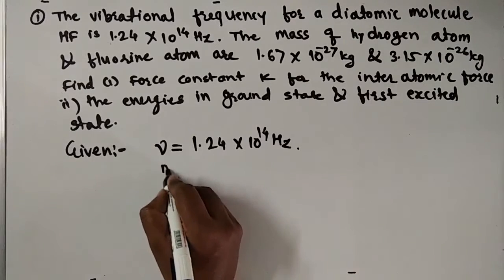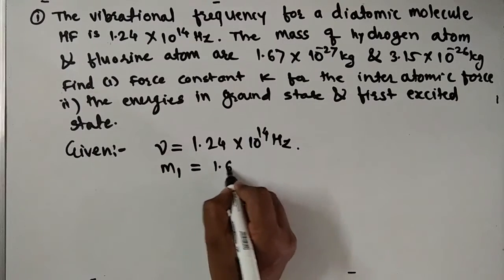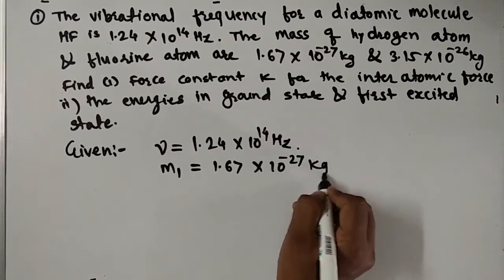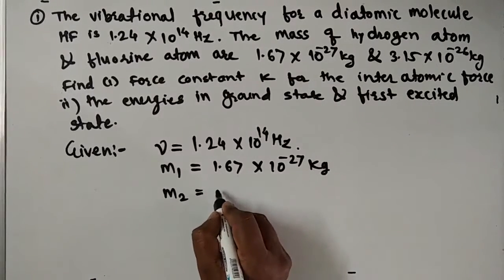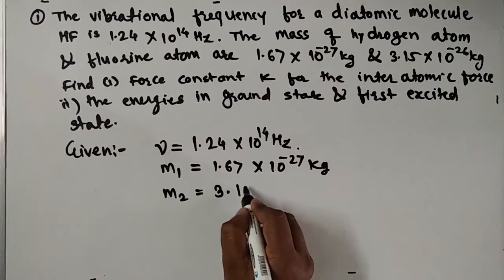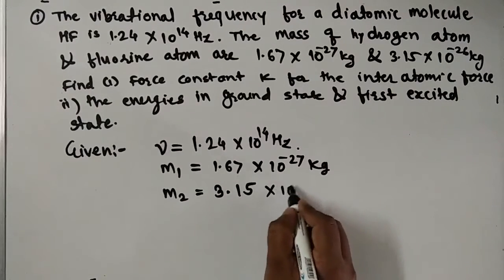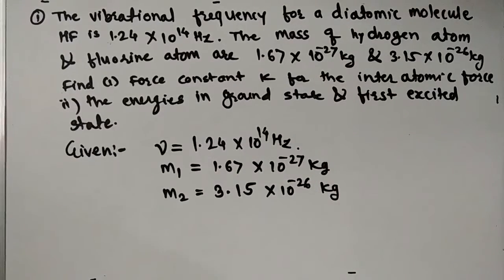So we will call mass of hydrogen as M1, so it is 1.67 into 10 raised to minus 27 kilogram, and M2, that is mass of fluorine atom, is 3.15 into 10 raised to minus 26 kg. That means the fluorine atom is much heavier than the hydrogen atom.